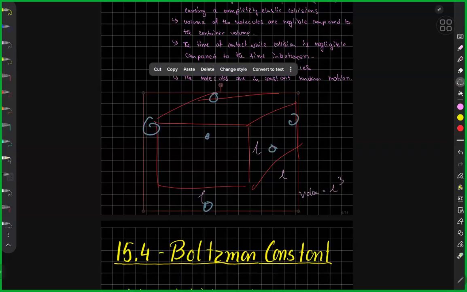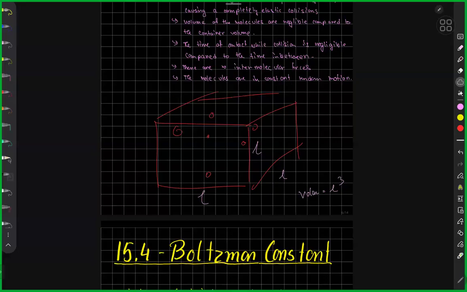The volume available to them is L cube minus the volume of the particles. This is a question that can come your way as well, where you have to find the volume available to the particles by subtracting the volume of particles.